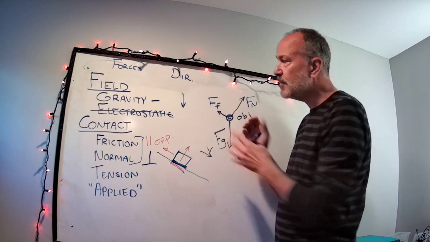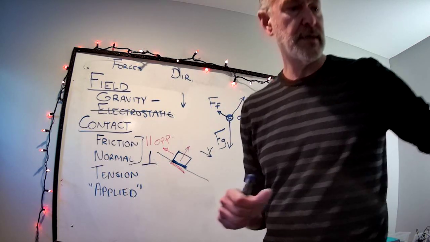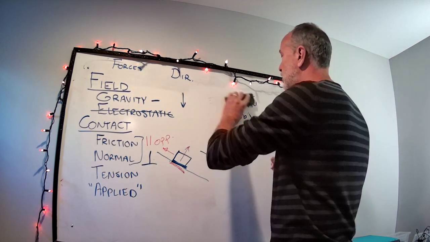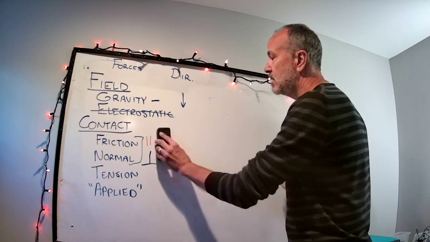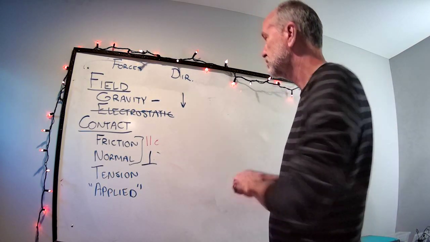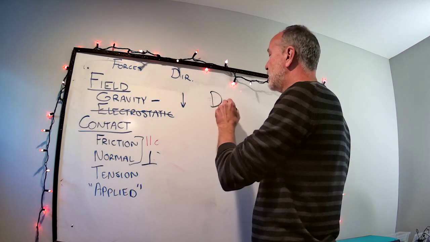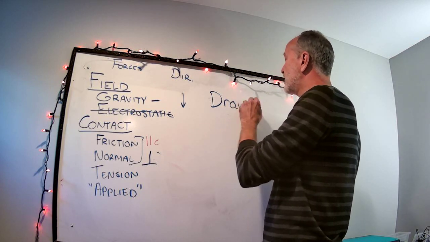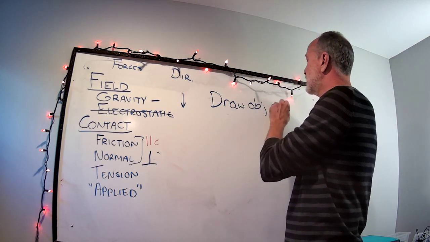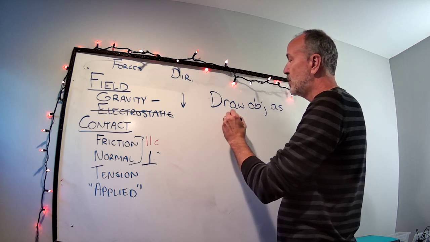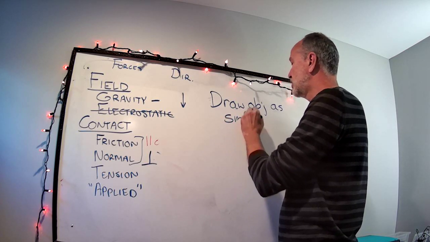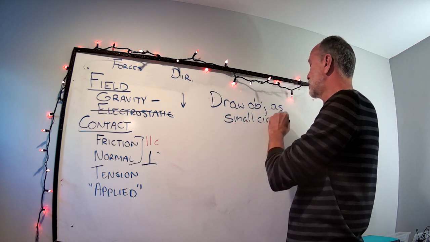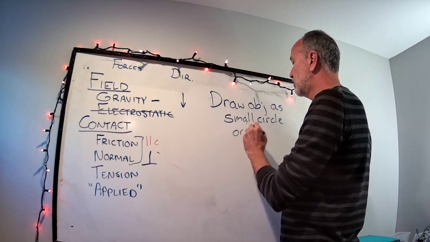So this is the approach I always want you to use. Okay? I want you to draw a dot or a circle. Draw the object as a small circle or block, box.